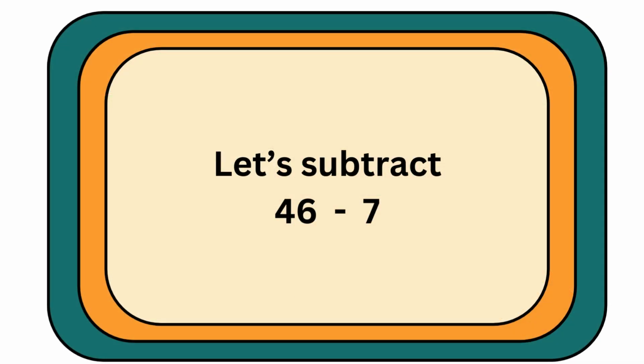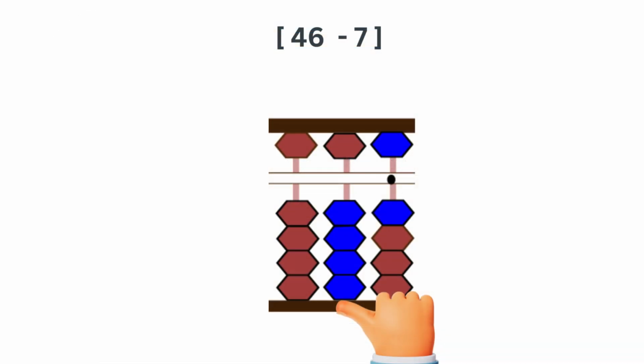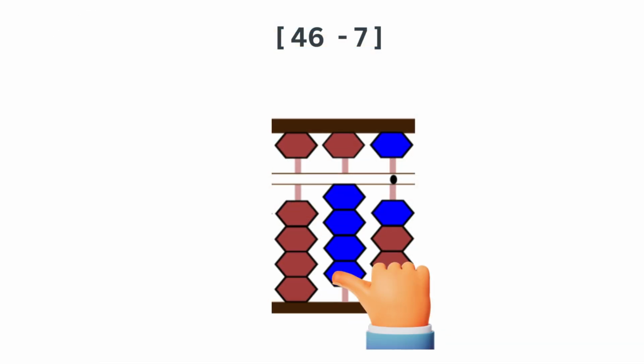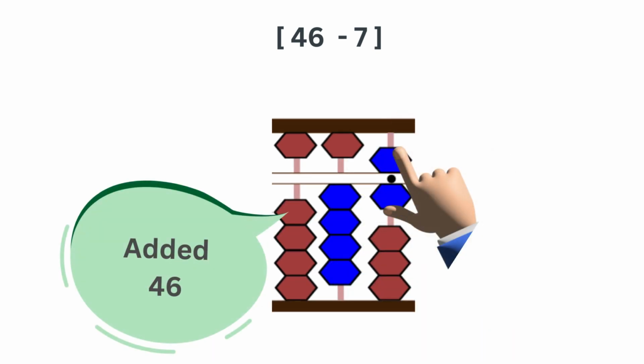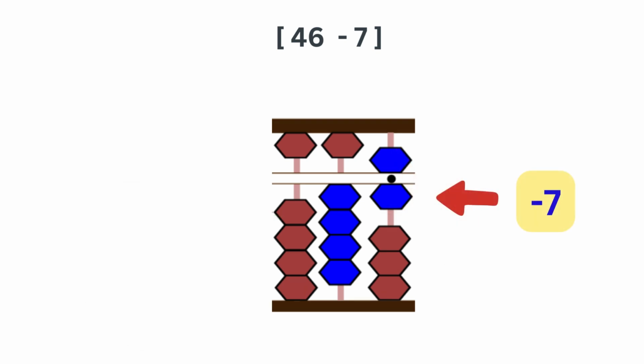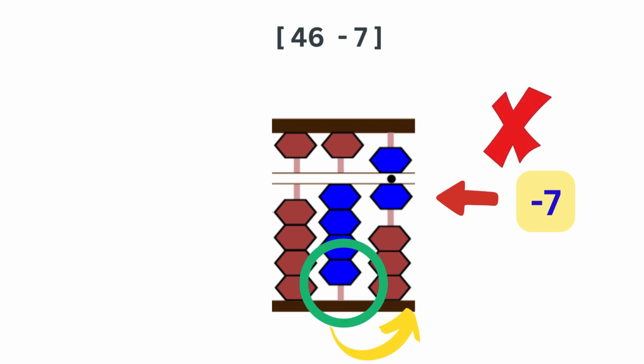Let's subtract 46 minus 7 on the abacus. First, we add 46 starting from the higher place value, which is 40. When we want to subtract 7, we find that there aren't enough beads in the ones column to do so. In this case, we need to borrow 10 from the tens column.